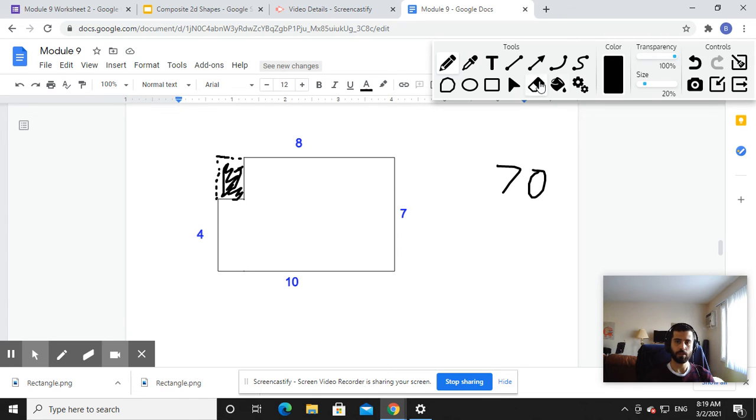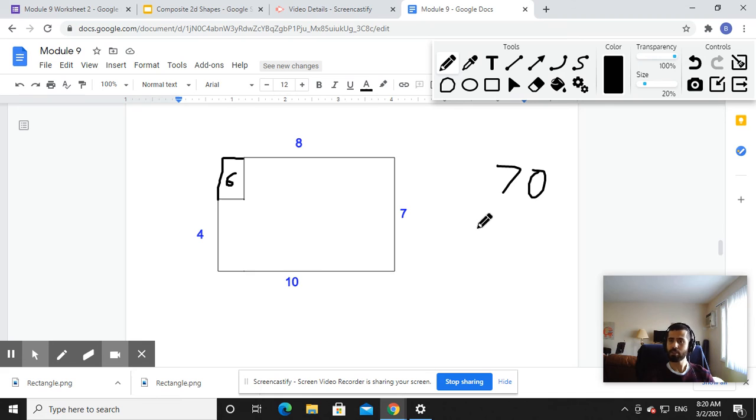So to do that, we're going to need to figure out just how big that filled in spot was. So 10 minus 8 to get 2 units right here, and then 7 minus 4 to get 3 units right here. So 3 times 2, hopefully you know that off the top of your head, this whole spot right here is going to end up being 6 square units for the area of this small rectangle that's been taken out.